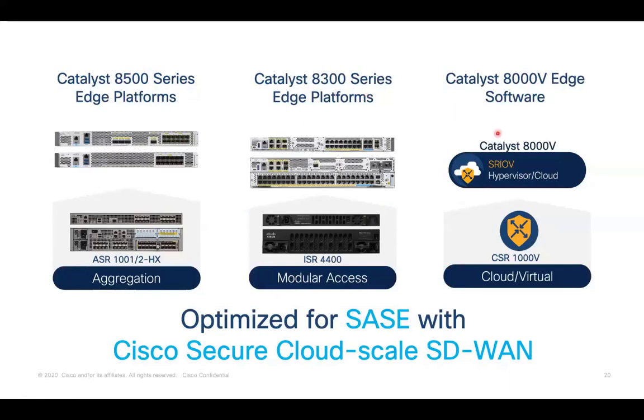On the virtual form factor, the Catalyst 8000V is an evolution of CSR 1000V and ISR 1000V platforms. Overall, all the use cases and orchestrations that these platforms will serve are optimized for SASE and the Cisco Secure Cloud Scale SD-WAN.